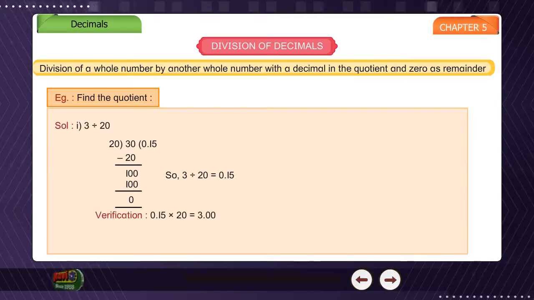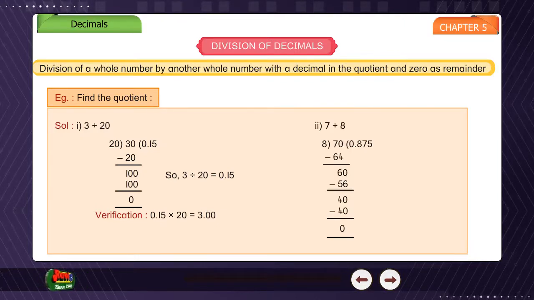Verification, 0.15 into 20 is equal to 3.00. 2. 7 divided by 8. So, 7 divided by 8 is equal to 0.875. Verification, 0.875 into 8 is equal to 7.000.